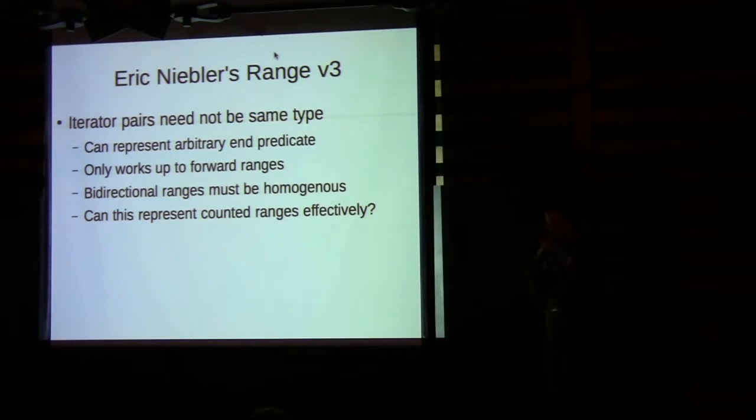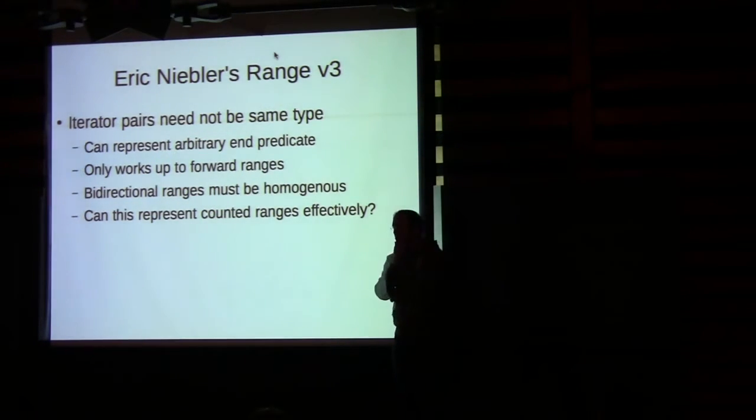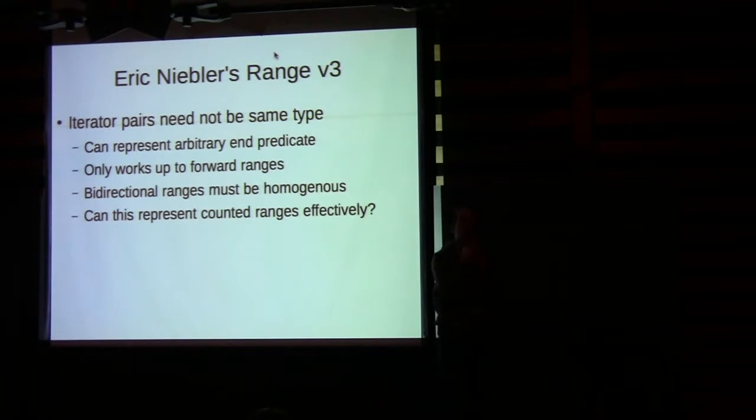Okay, so to sum that up, the objection was that the example I brought of that special end sentinel that just checks the predicate. What if the predicate never returns true? And if the iterator that you actually increment is not really infinite, but it never encounters, let's say, 42.